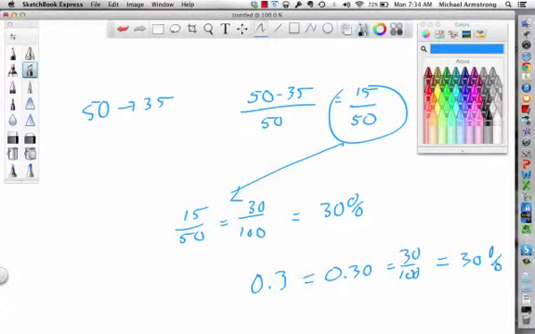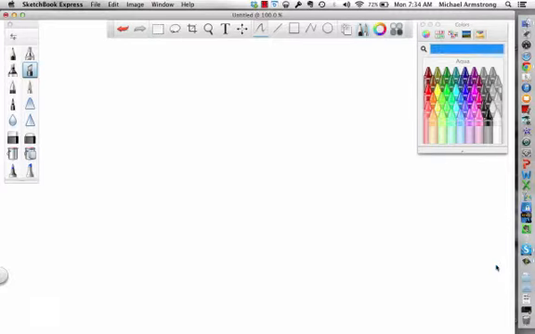Okay, the last thing, they want you to do some problems that I'm not sure the examples showed you how to do. They said find a new amount. So they might say like 8 meters increased by 25%.